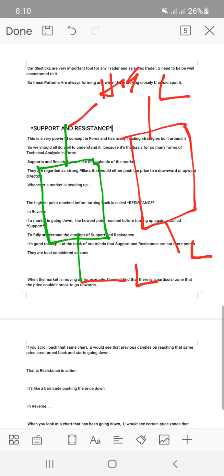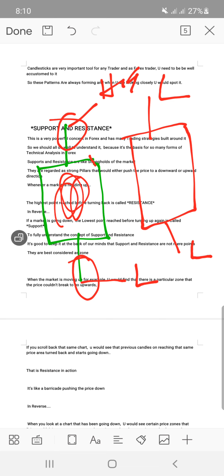Now, when you are drawing support and resistance, you need to switch to line chart because these shadows are not really price. The body of the candle is the main price. The body of the candle is the price itself.